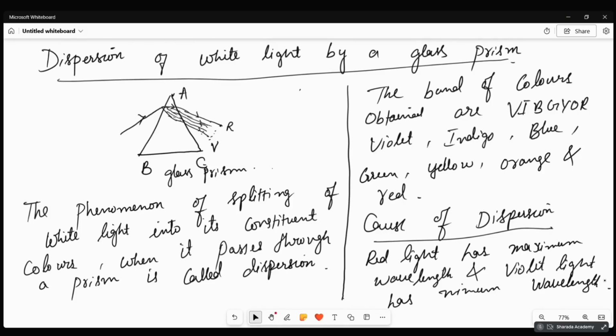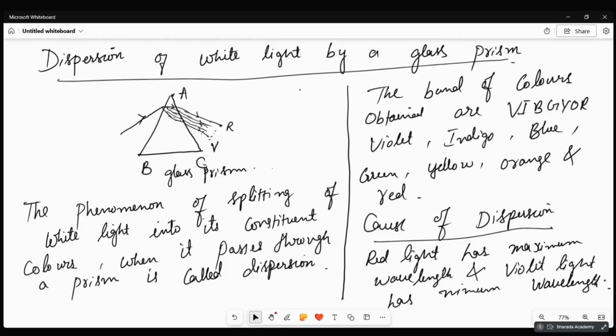That is, they bend at different angles, so you can clearly see them. Wavelength is inversely proportional to the deviation of the angle.